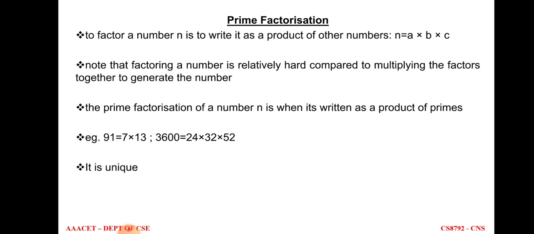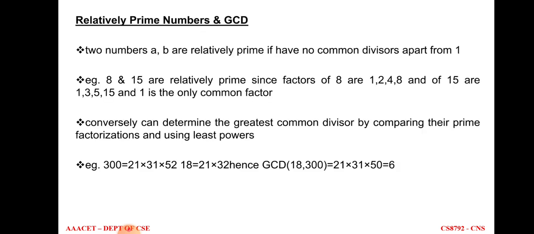This is the concept of factorization. Let us take a number n. It can be written as a into b into c, a product of particular numbers. That is the concept of factorization, and it is also called prime factorization when the number is written as the product of primes. The next topic is relatively prime numbers and GCD.